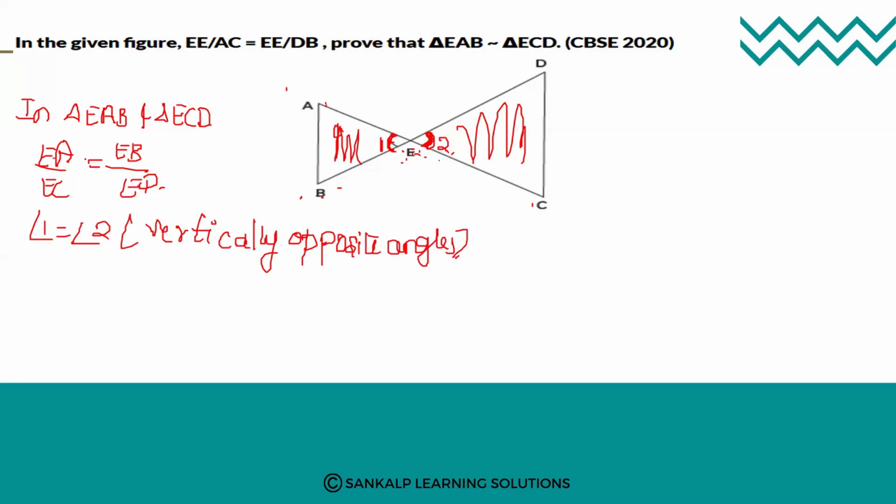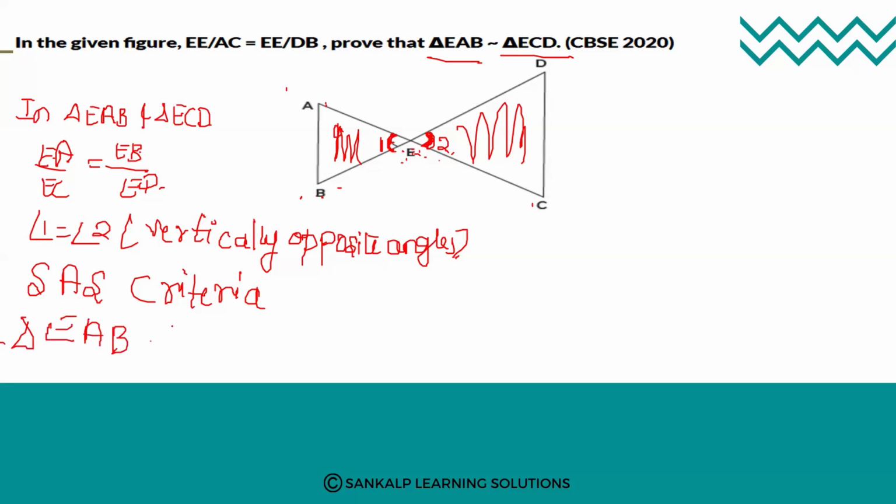Now here two sides are proportional, that is EA and EC, EB and ED, and one angle is equal. By using SAS criteria, we can say that triangle EAB is similar to triangle ECD. Yes. So this can be asked for 1 mark.